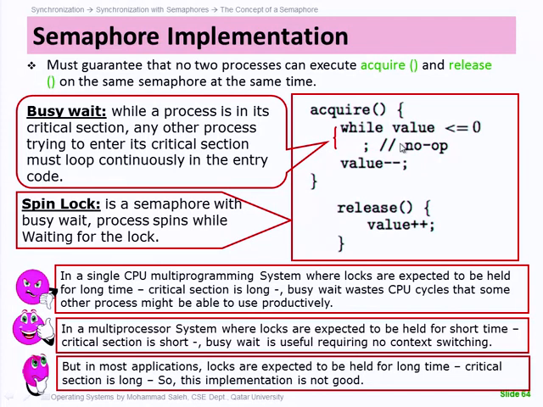Another implementation might be, on a process acquiring a resource, if the resource is not available, then that process should suspend itself. I think we have seen how you could do that in code. For example, in Java, the process can call wait. So in this case, the body of the condition checking for the resource is not empty. The body has wait.